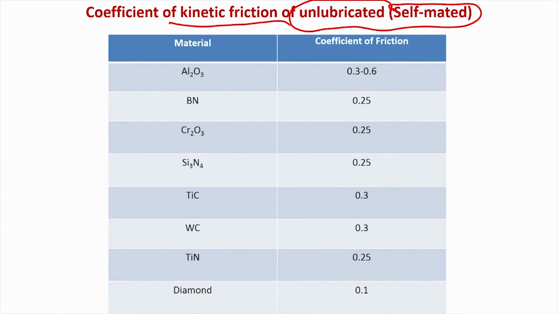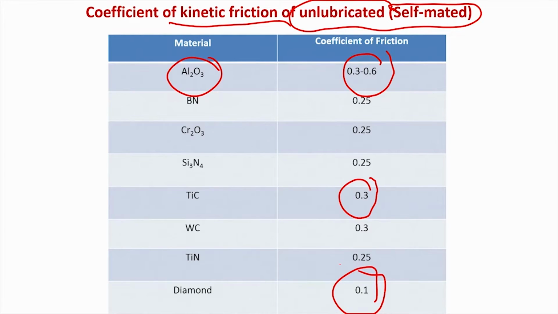What is the coefficient of kinetic friction? In the case of alumina, it is 0.3 to 0.6. For titanium carbide, it is 0.3. For diamond, it is 0.1. Diamond, as you know, is one of the polymorphs of carbon; diamond and graphite are there. Tungsten carbide is 0.3.